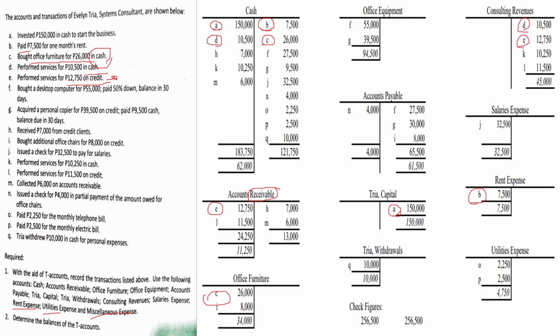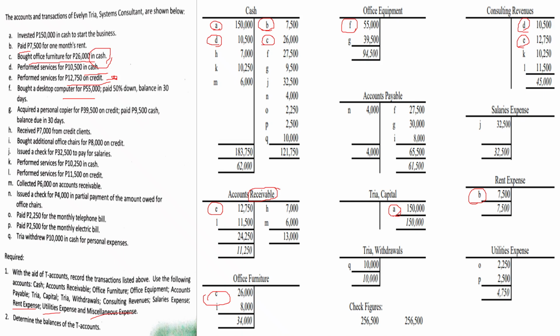And then let's proceed to letter F. Letter F, bought a desktop computer for 55,000. Okay? So computer is an equipment, right? So the equipment is increased because we buy equipment. So we have an asset which increase will be debited. So we put it on the debit side there.